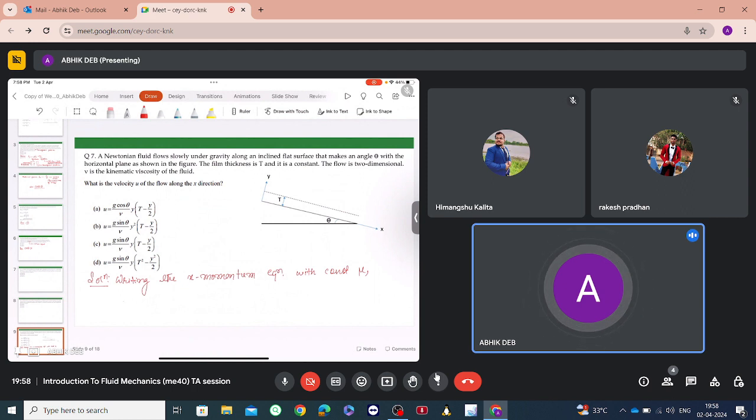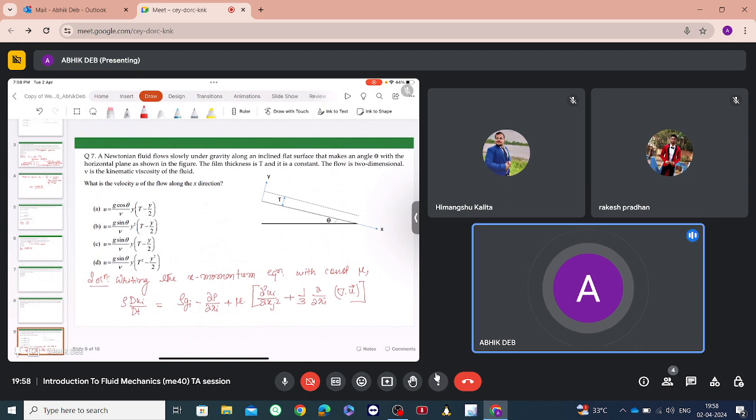We will get the form as rho dui by dt is equal to rho gi minus del p by del xi plus mu del 2 ui by del xj 2 plus 1 by 3 del by del xi del dot u vector.